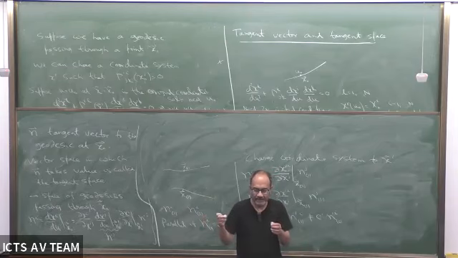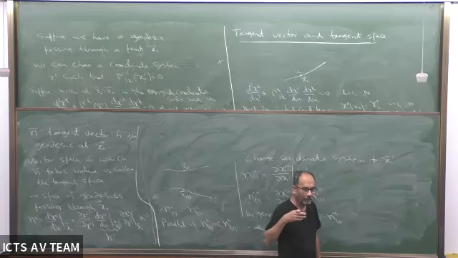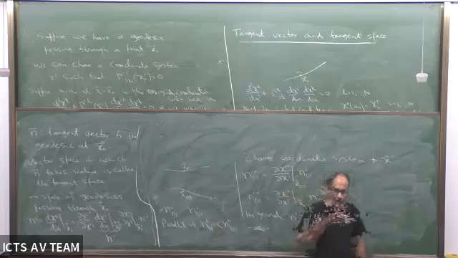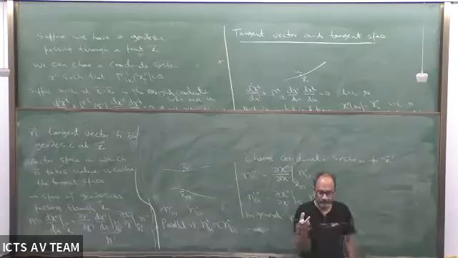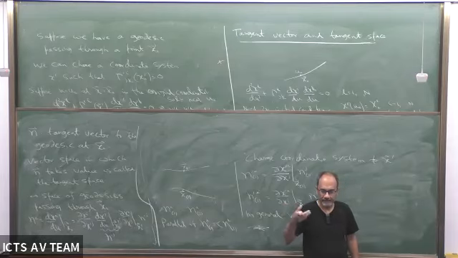That way we can decide when two tangent vectors at far away points are parallel. But then we'll run into the issue of whether this notion is the same if we choose a different curve.